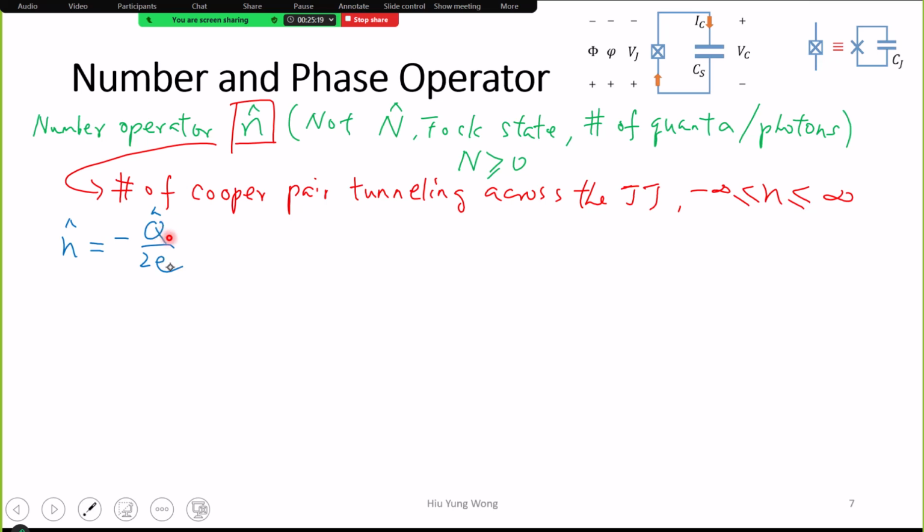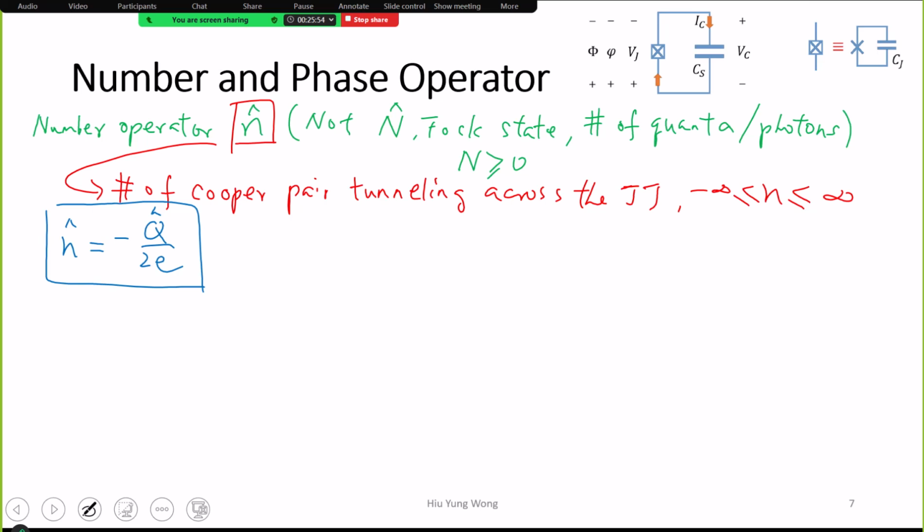The total charge due to 1 Cooper pair is 2e. e is positive, by the way. Okay? It's n times 2e times negative 1. Make sense? If you have 2 Cooper pairs, then you have 4 electrons, and totally you have negative 4e. That is the total charge. So that is how you relate the number operator to the charge operator.